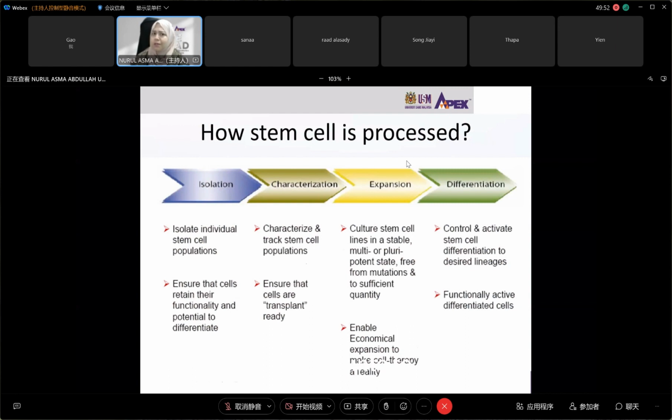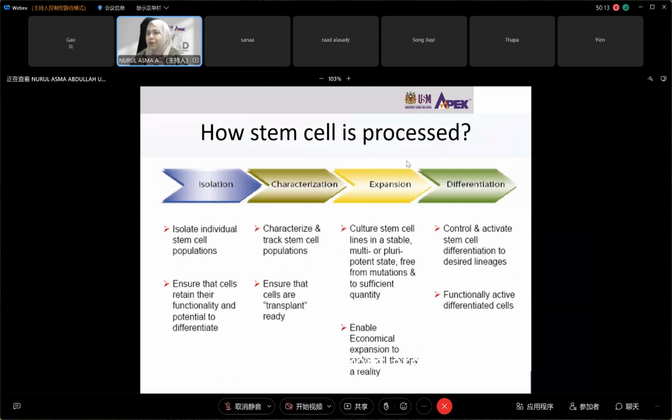So if you want the stem cells, for example, to be differentiated into bone cells, you have to make sure the environment is similar to the bone microenvironment.